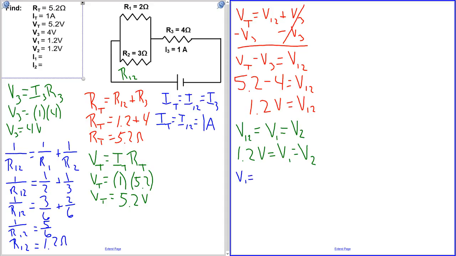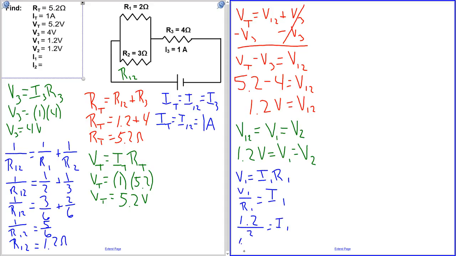So I have V1 equals I1 R1. And I could say that V1 over R1 equals I1. So 1.2 divided by 2 equals my current at resistor 1.